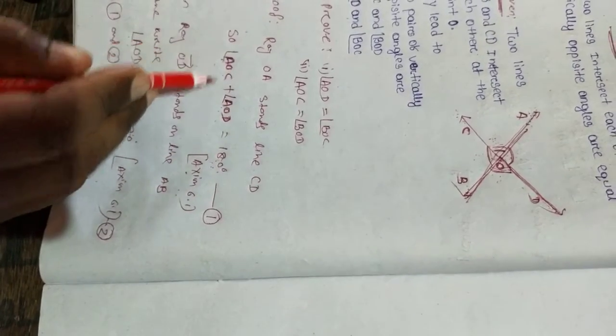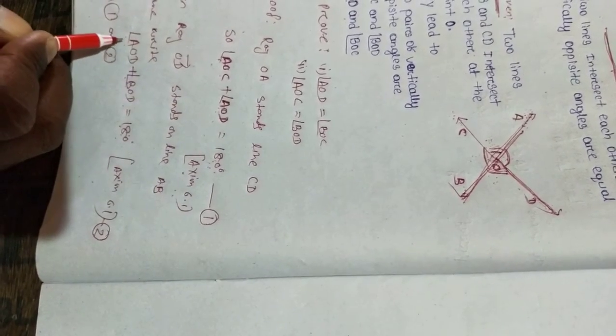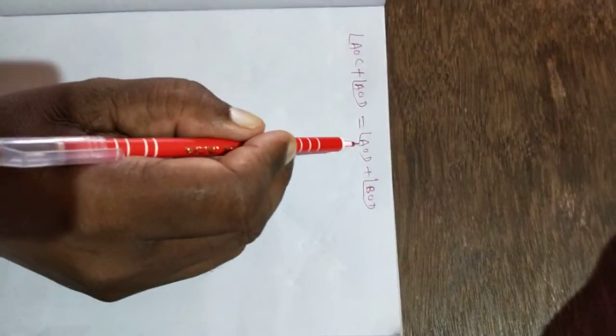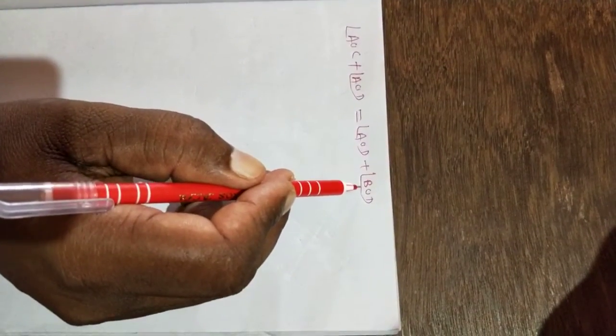So AOC plus AOD is equal to AOD plus BOD.